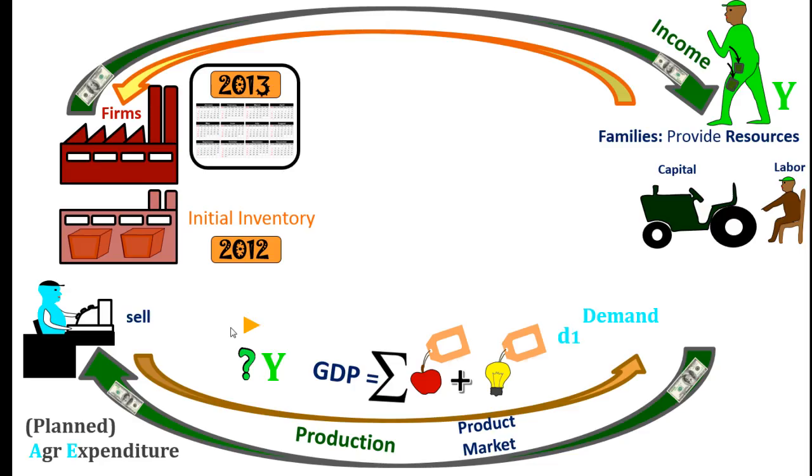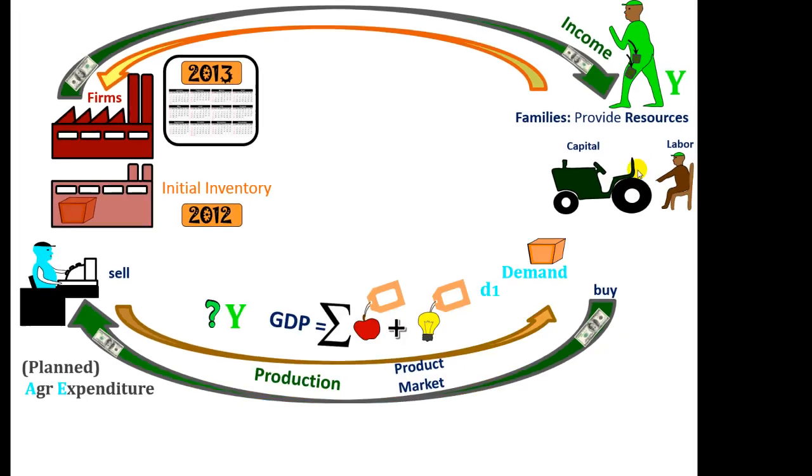So the firm is going to sell one box and the family is going to buy one box. So this box travels from here to here, and the family pays for it, and we are going to call this payment expenditure 1.